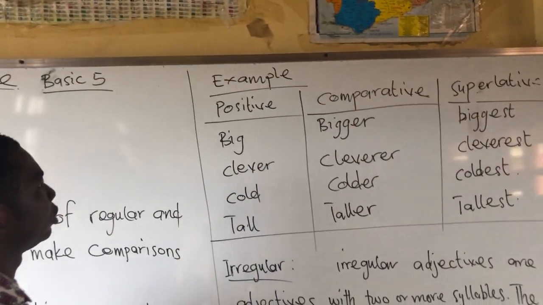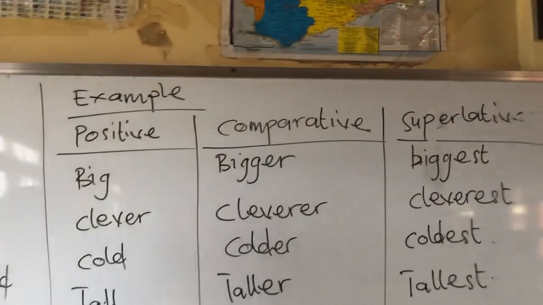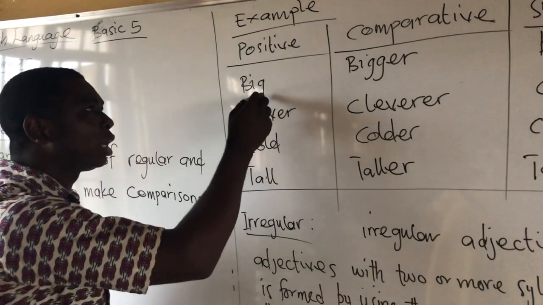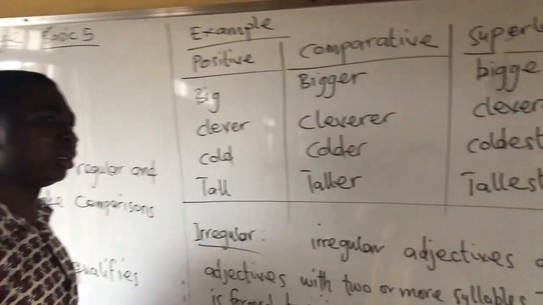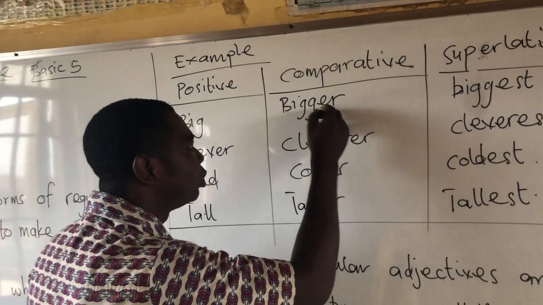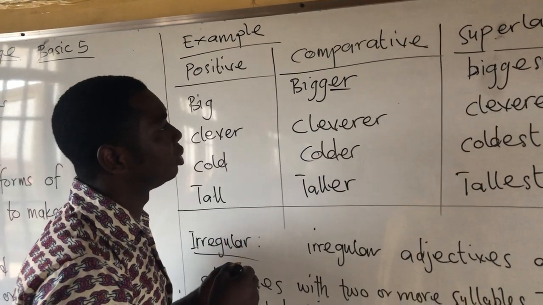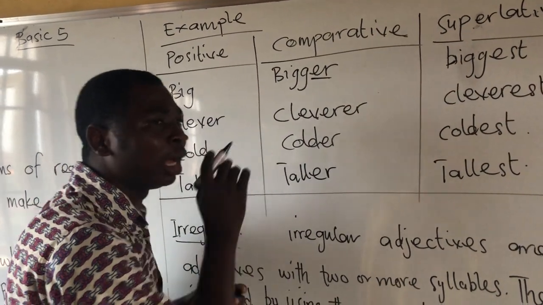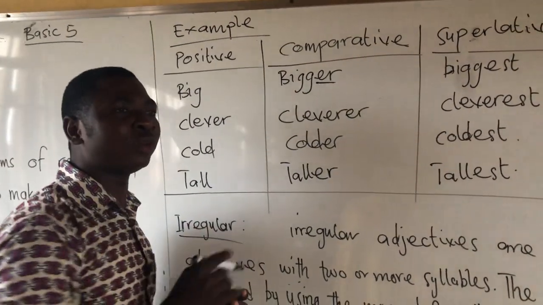Example, big is an adjective word. So what's the comparative form of big? Bigger. We are adding what? We just added only er. So adding the er to the adjective, we form the comparative form of it.